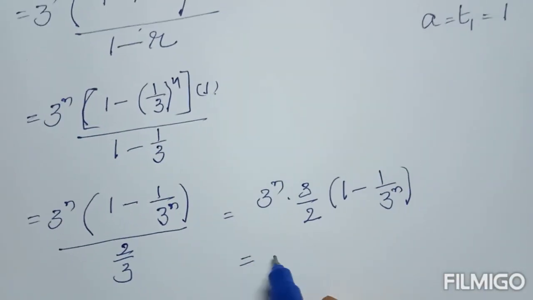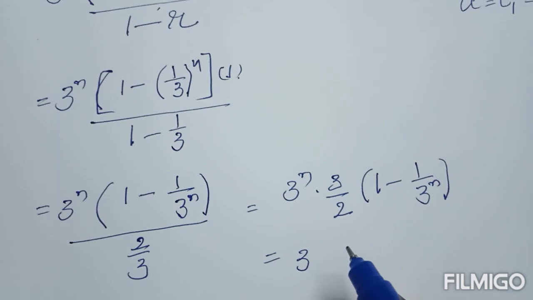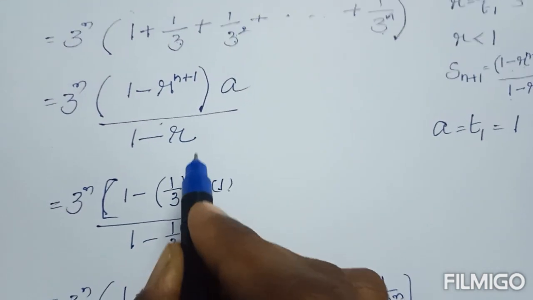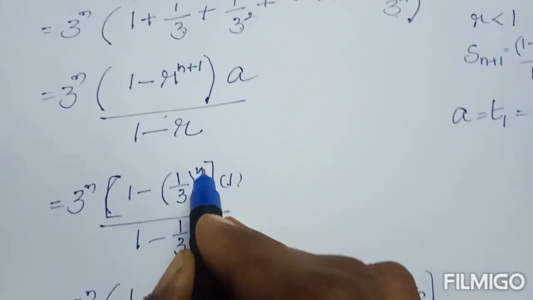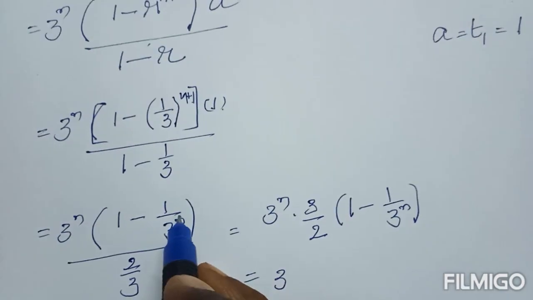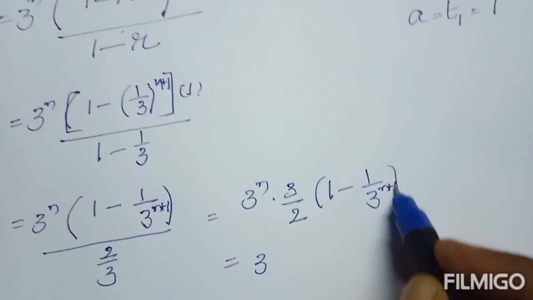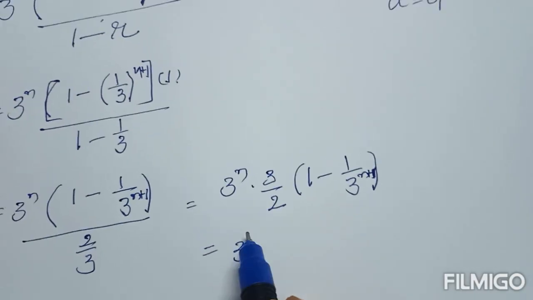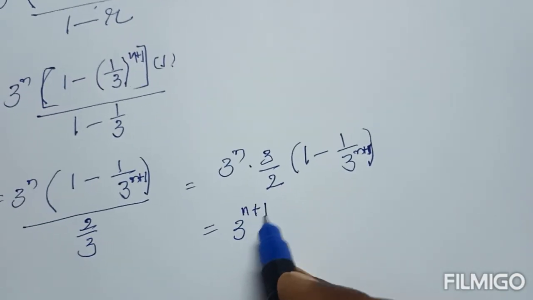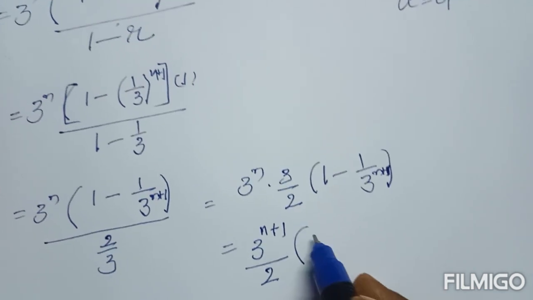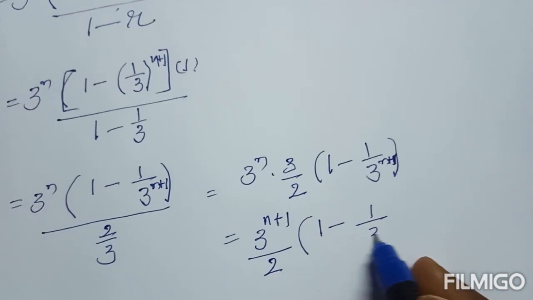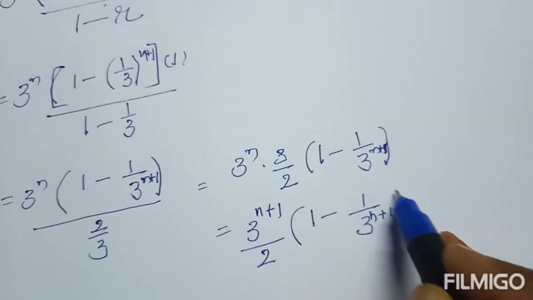After that, this is 3 to the power of, here n plus 1 according to the formula. What is the power here? N plus 1. Okay, now here 3 to the power of n plus 1 by 2 into 1 minus 1 by 3 to the power of n plus 1.